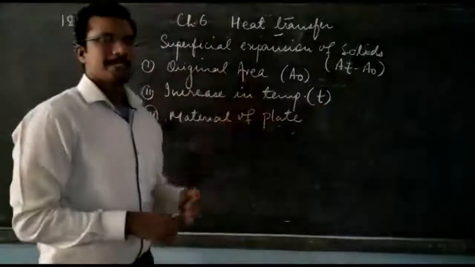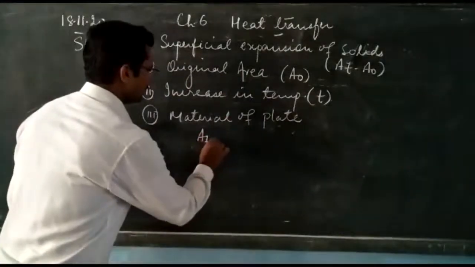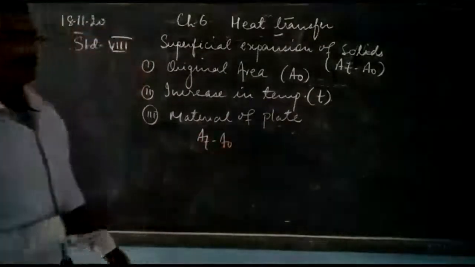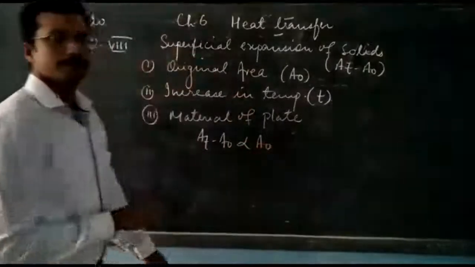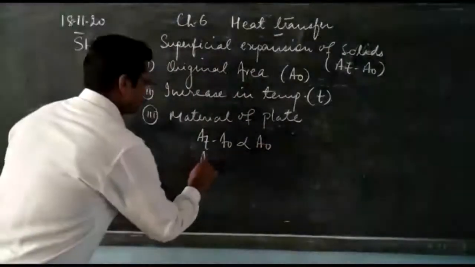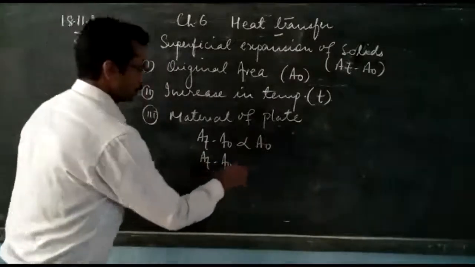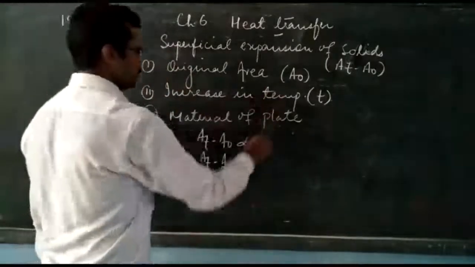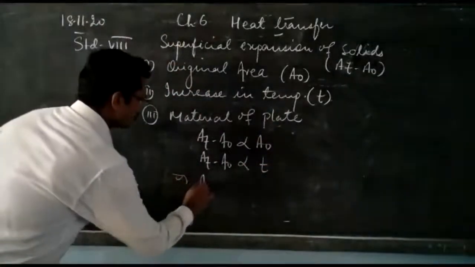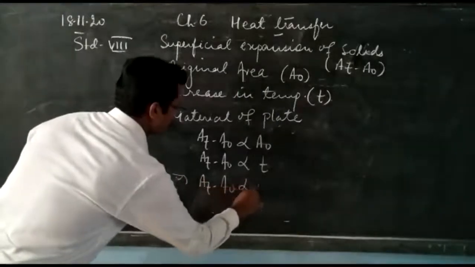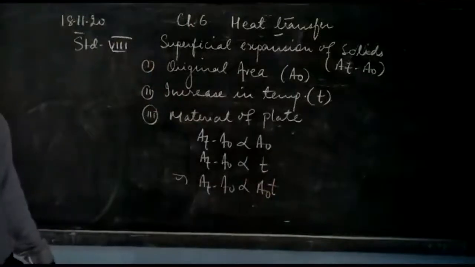Now, when we express it mathematically, we can say that increase in area, which is superficial expansion, is directly proportional to the original area. Increase in area of superficial expansion is directly proportional to increase in temperature T. Now we can also write, on combining these two, original area into temperature.